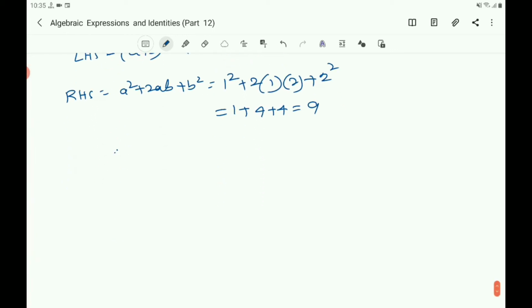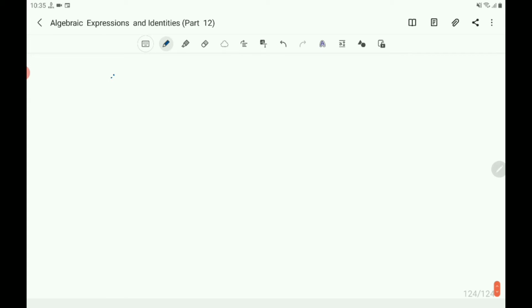Now let us find a minus b whole square. A minus b whole square is also a minus b into a minus b. Now you do the multiplication, both these are binomials.